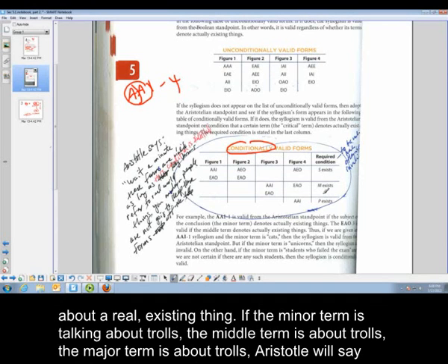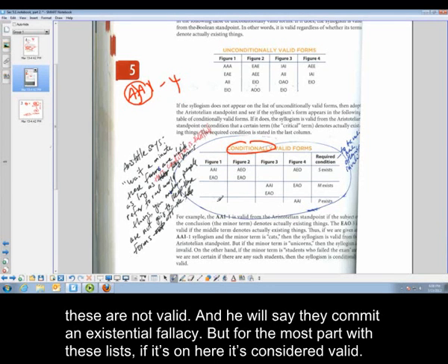If the minor term is talking about trolls, the middle term is about trolls, the major term is about trolls, Aristotle will say these are not valid, and he will say they commit an existential fallacy. Okay? But for the most part with these lists, if it's on here, it's considered valid.